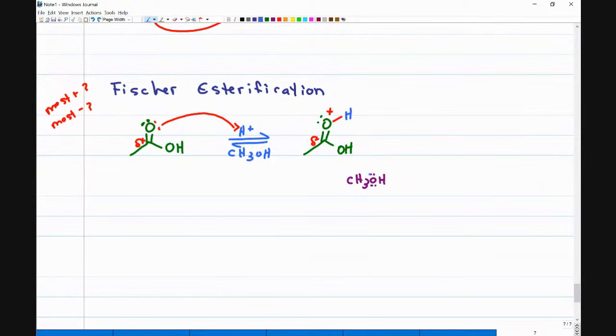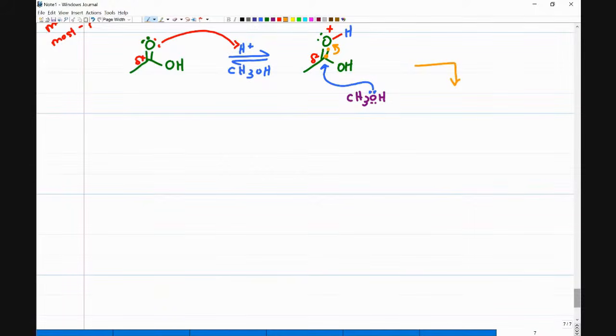This oxygen is going to attack the carbonyl carbon, kicking these electrons up to give me my activated intermediate that looks like this. I have my green OH untouched. I now have the blue electrons sitting as a bond right here to the OH-CH3.